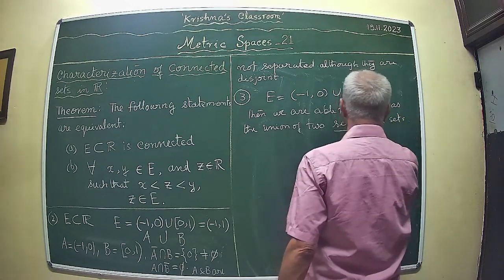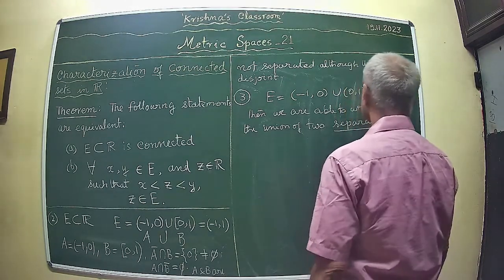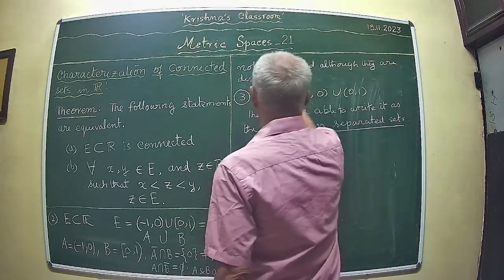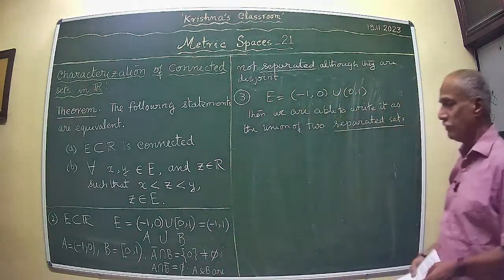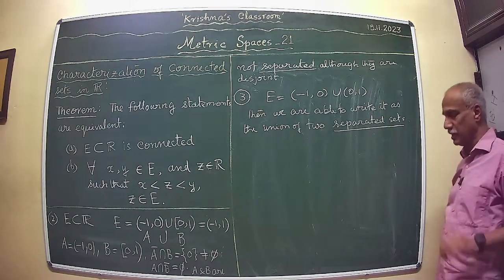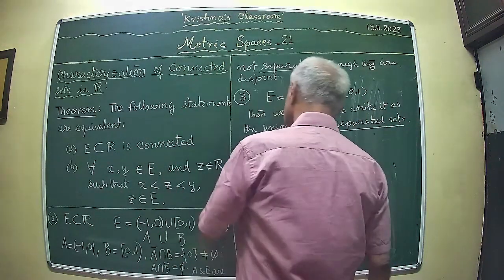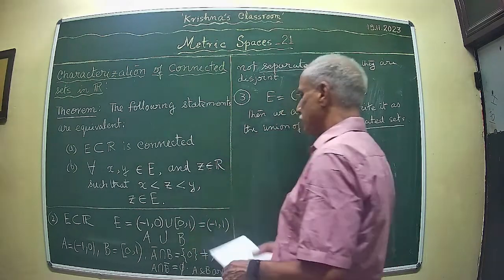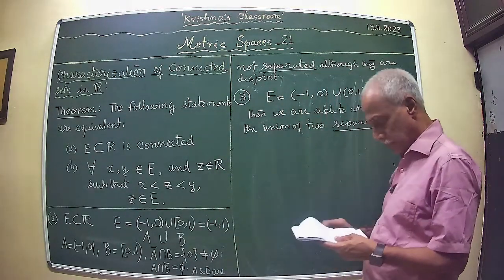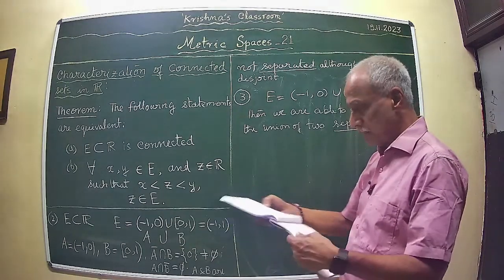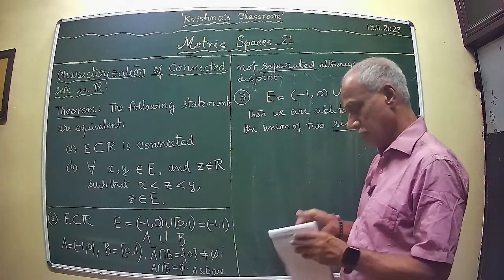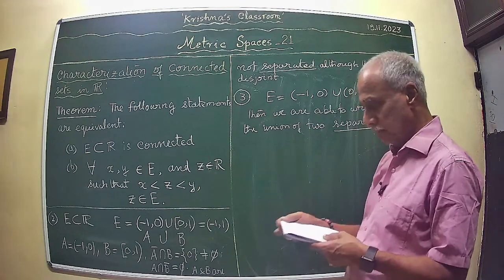So you should understand the difference between separated sets and what are called disjoint sets. Every separated set is certainly disjoint, but disjoint sets need not be separated. Okay, so all these are very basic observations.